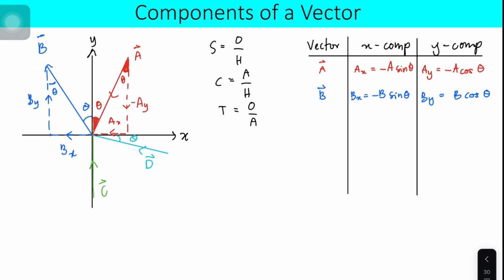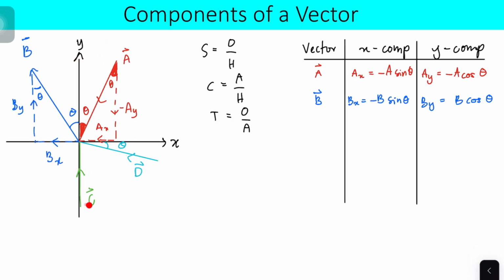Then let's move to vector C. How about vector C? Vector C is completely pointing along the y-axis. It has no x component. Therefore, for vector C, the x component has a value of 0.